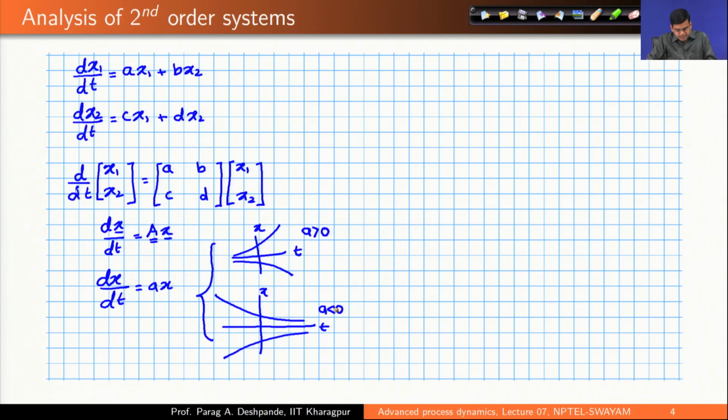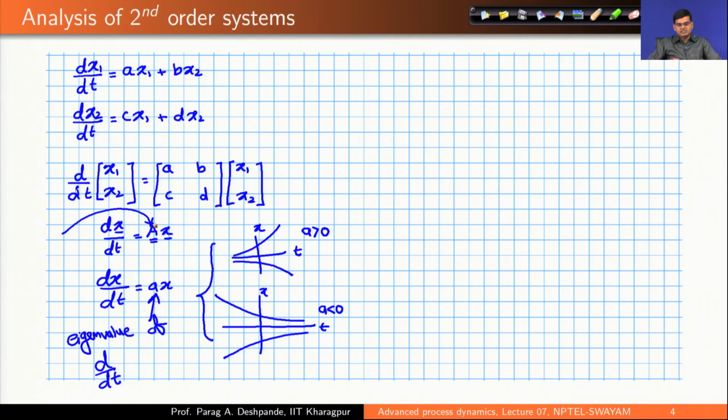And you would see that A in fact is an eigenvalue of the operator d by dt, where you can say that x is the eigenfunction. So, similarly, in our current case, I can look into the eigenvalues of A and comment upon the behavior.